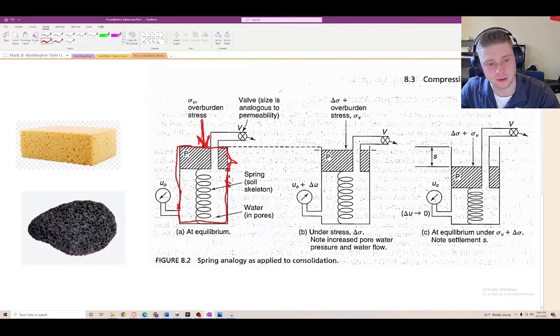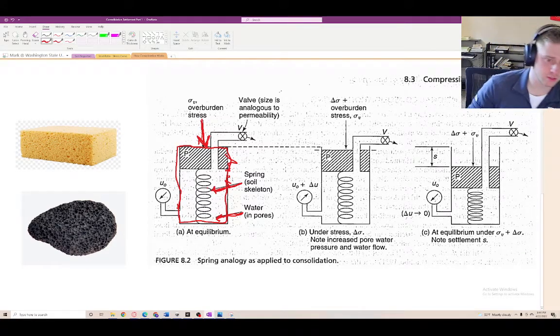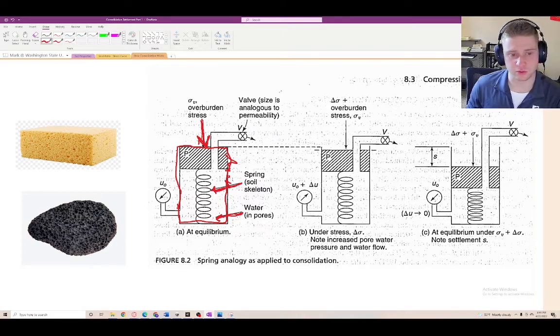Obviously, as it's captioned here, that's the water, just floating around in there, and then the spring itself is going to be the soil skeleton, because that's the backbone of the soil. It provides the structural support or structural integrity of the soil, the minerals that compose the soil.